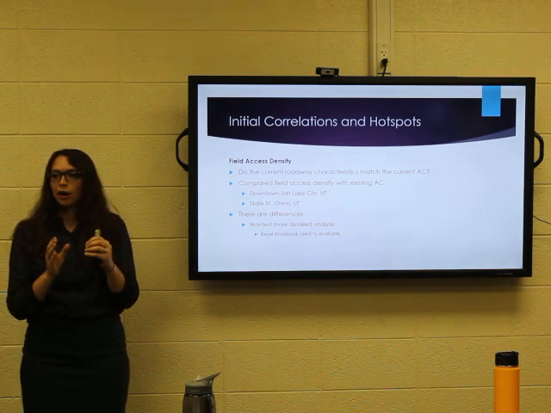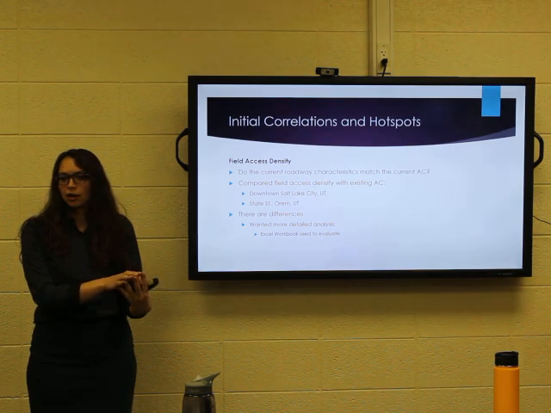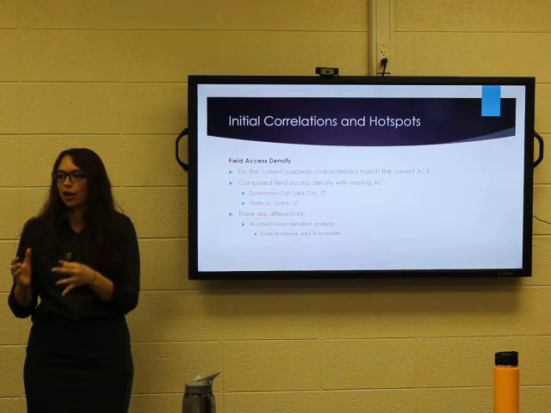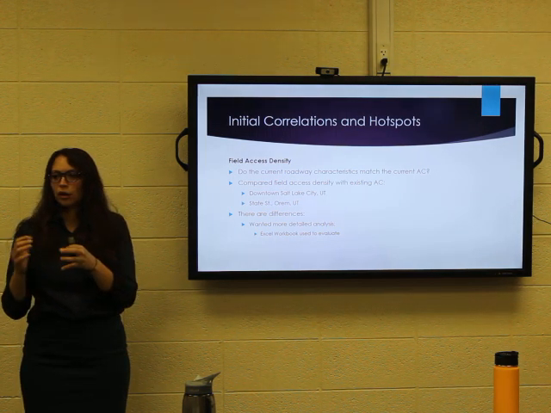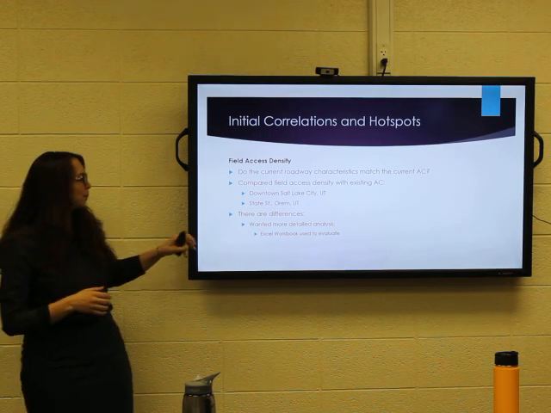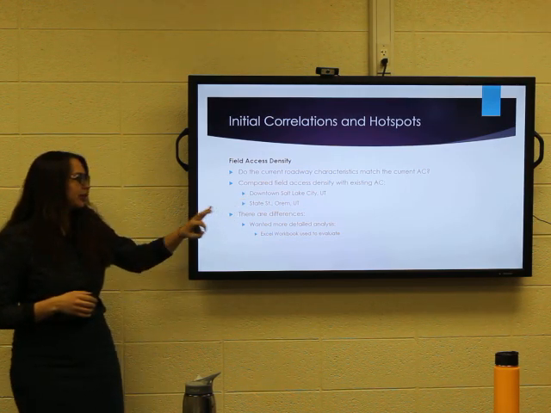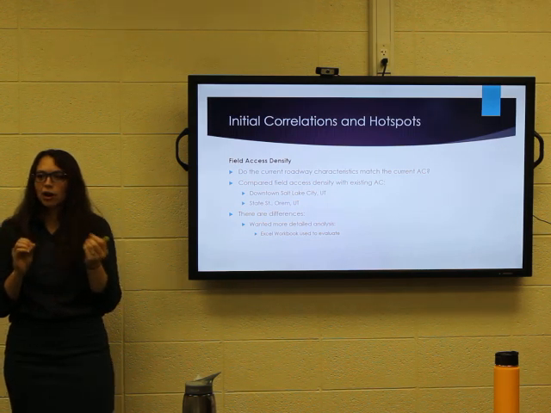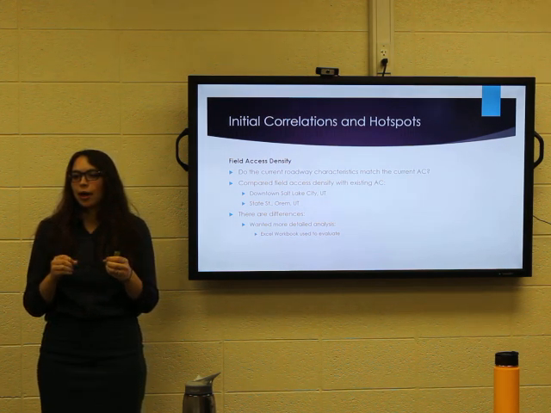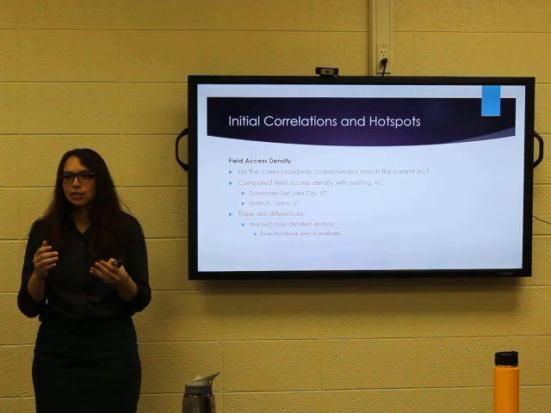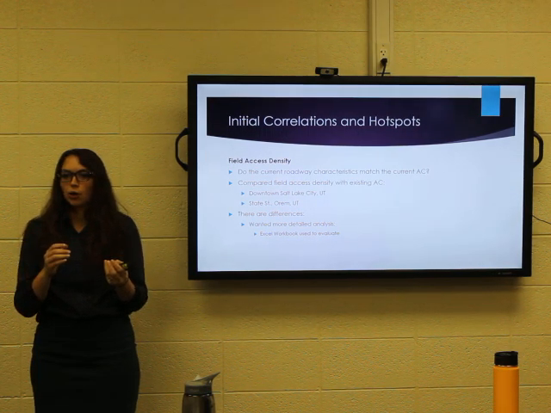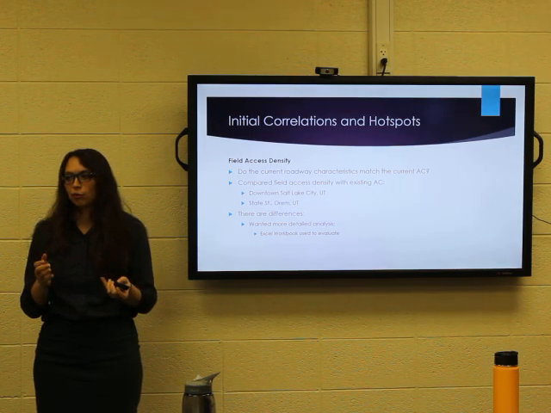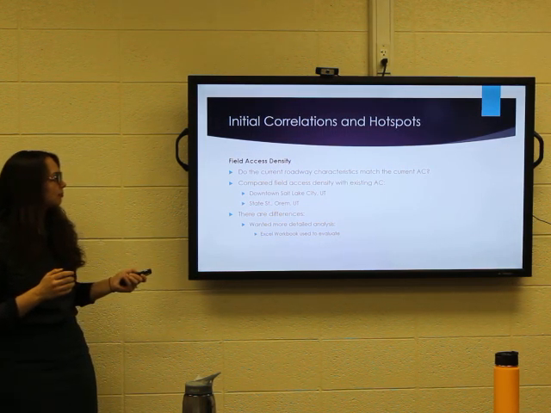So we wanted to compare our field calculations, how we calculated our driveway density, to what our current category was. We did this for two locations, and I will show you downtown Salt Lake City in this presentation. We found that there are differences between the two, but we couldn't get a very detailed analysis, and so we decided to use an Excel workbook to try and get a more detailed analysis.